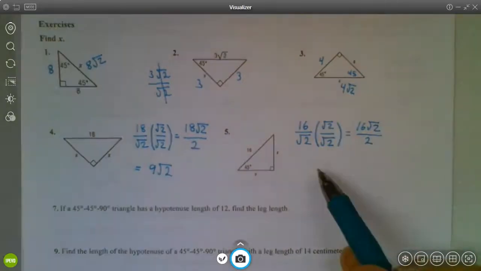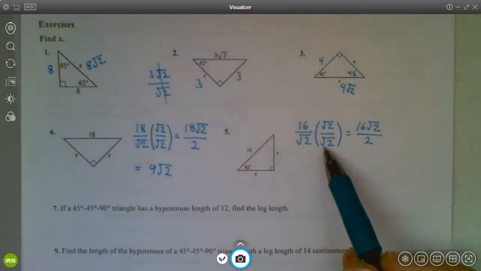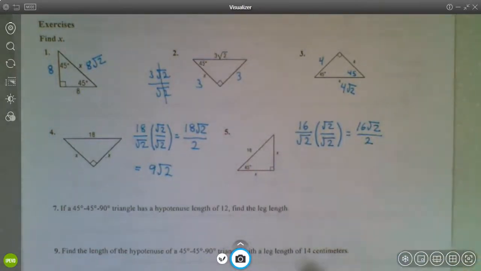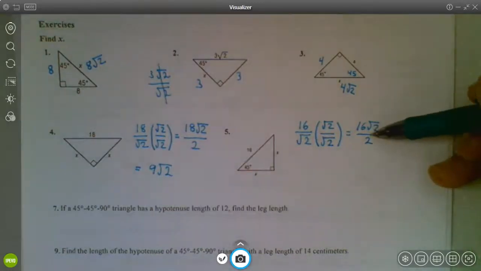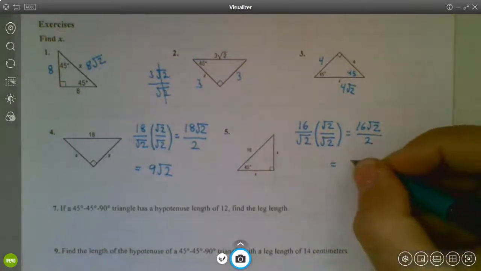So, just as a side note, anytime you multiply a radical times itself, all that ever really happens is you drop the radical. So that's kind of the shortcut way of looking at it. If I did the square root of 5 times the square root of 5, I would just get 5. So anyway, one more thing I can do to reduce, because these are both even numbers, I can reduce them. It should just become 8 root 2.